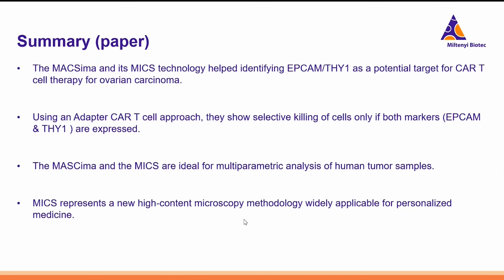So now this is a summary of the paper findings. The MACSima and its MICS technology helped identify EPCAM and THY1 as potential targets for CAR T cell therapy for ovarian carcinoma. And using the adapter CAR T cell approach, they show selective killing of cells only if both markers, EPCAM and THY1, are expressed.